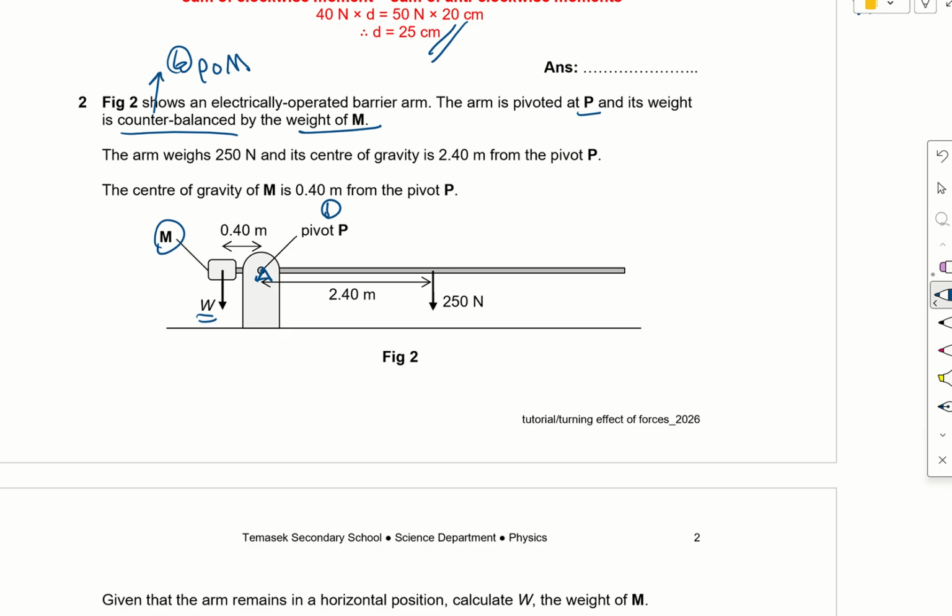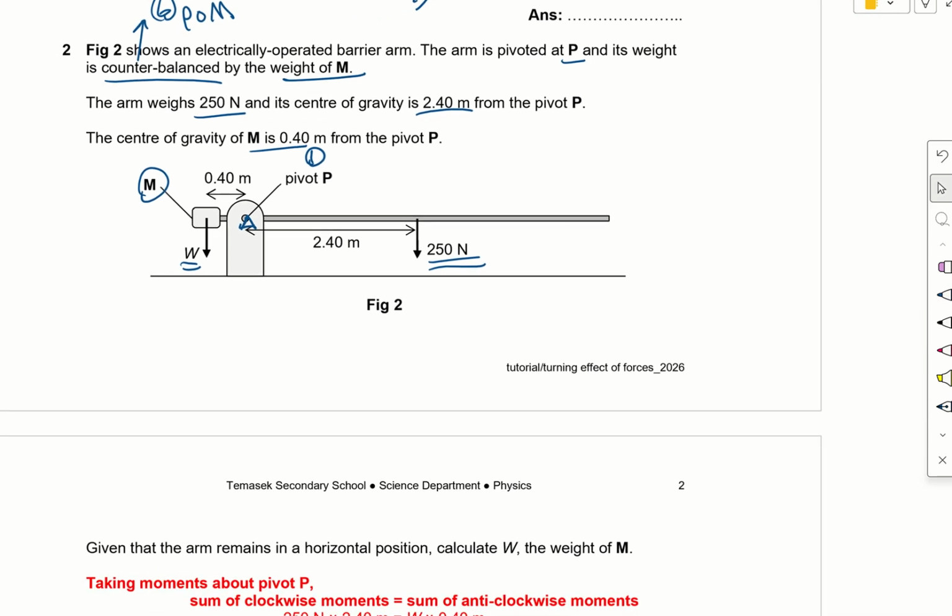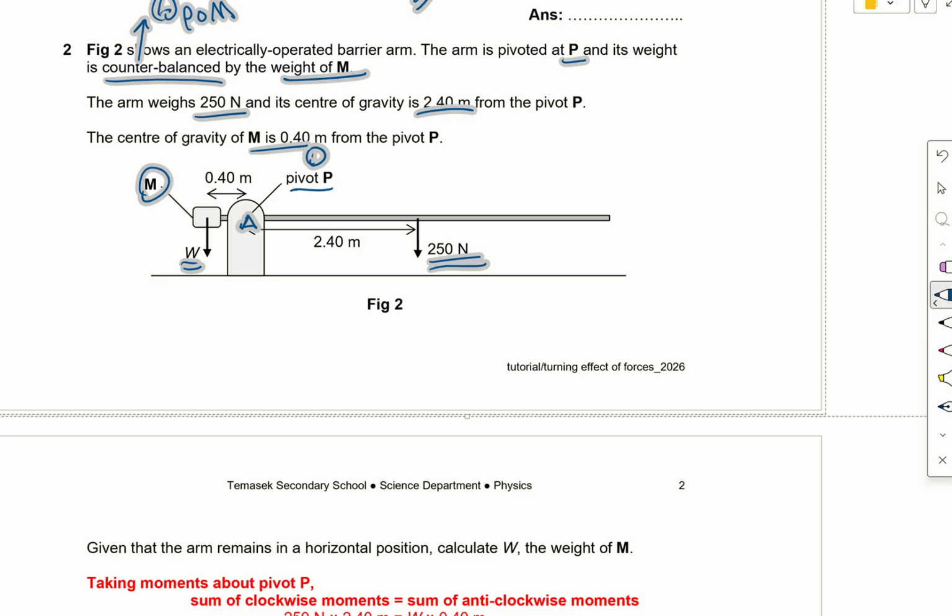Now the arm weighs 250 Newton and the center of gravity is 2.4 meters. So they tell us where the 250 Newton is acting with respect to the entire arm. And the center of gravity of M is 0.4. So by this, they already tell us the perpendicular distance. But I'm going to run through the 6 steps again. Step 1, the pivot is over here, this point here.